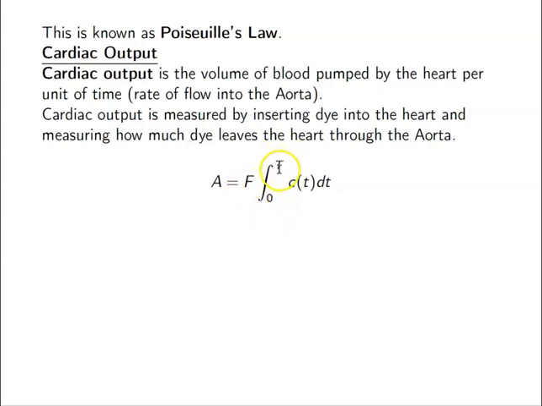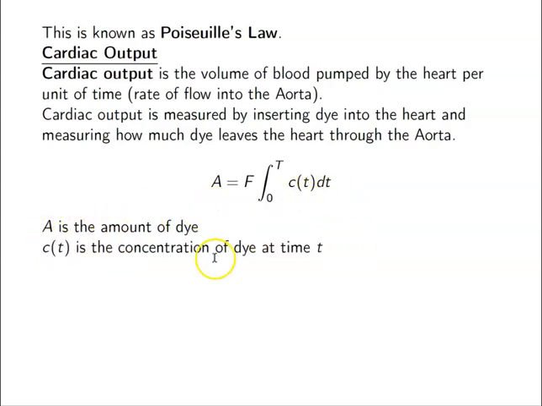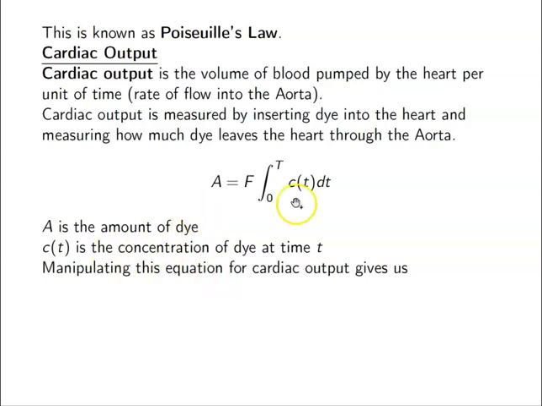From 0 to T, so through some moment of time. C of T is the concentration of the dye at time T in the heart. And we can manipulate this equation and solve for F so that we have a formula for flow through the aorta.